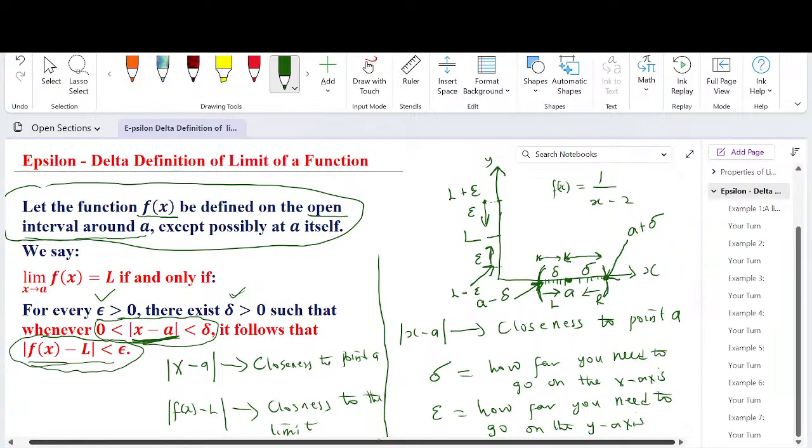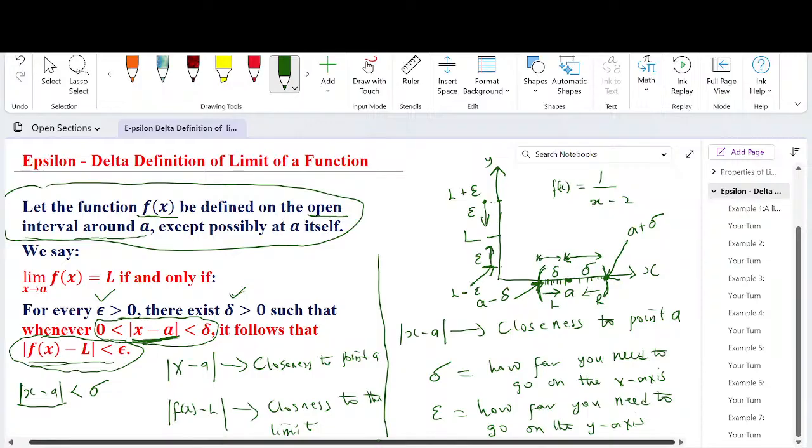If you say the absolute value of x minus a must be greater than 0 and less than the delta value, what this means is the closeness to the given point A must be within delta. The closeness you want to get to A must still be within the value of delta. So that is what it means.